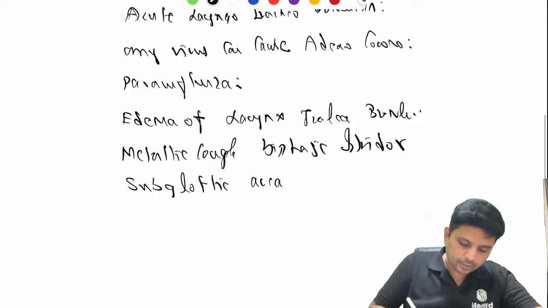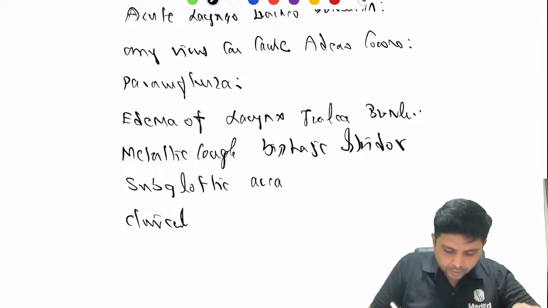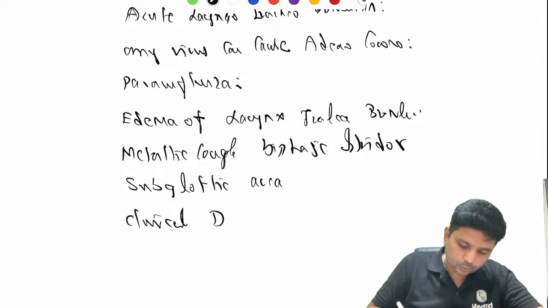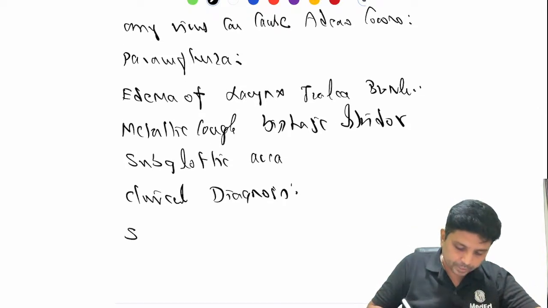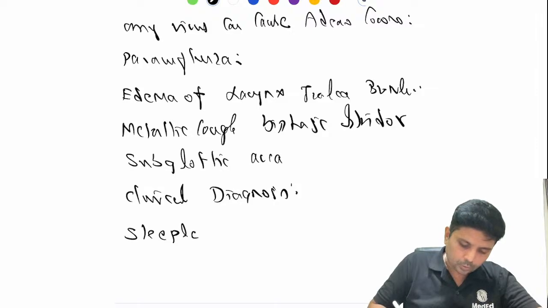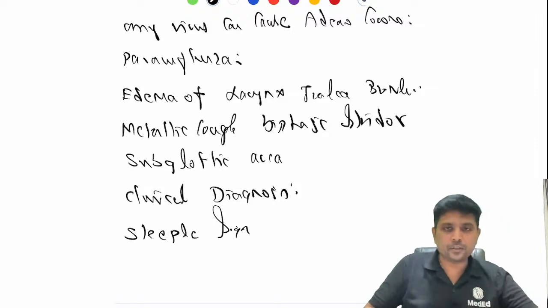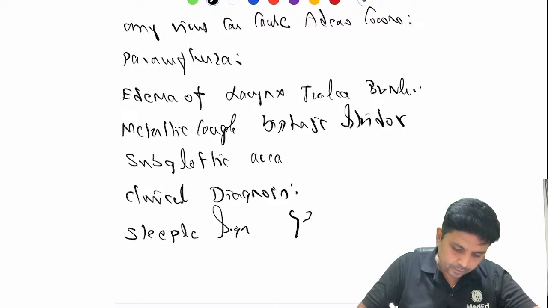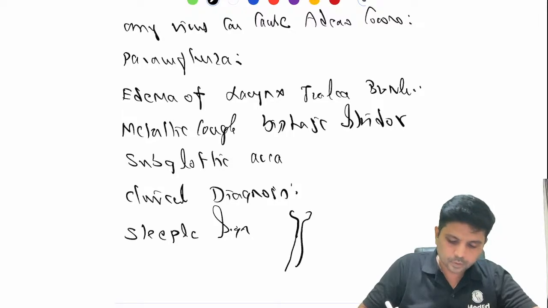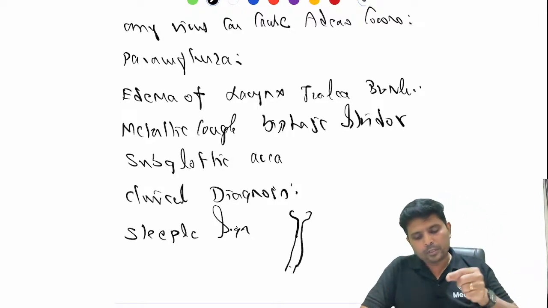It is purely a clinical diagnosis. Then you will be asking what is the role of the steeple sign. Whenever you take an X-ray of the neck, you will find a narrowed subglottic area.